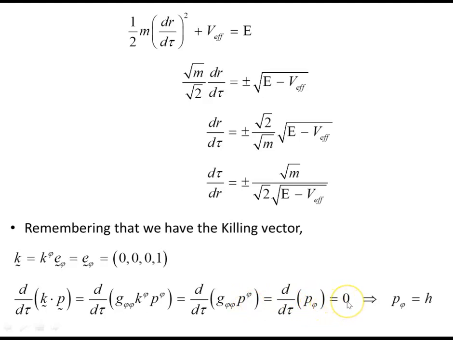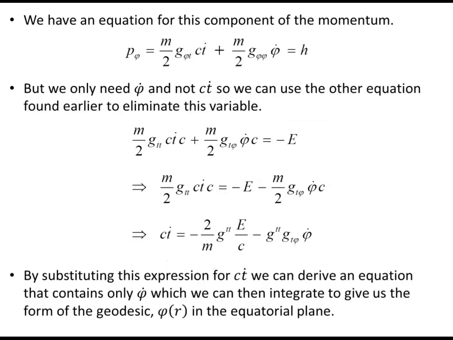And we know this is 0 because it's a conserved quantity. So the four-momentum in this direction is conserved, which means that the first integral of this gives us p phi is h. Now p phi equals h is a quantity we found in a previous video, in videos 1 and 2 of this series. So we have an equation to describe that, and that equation is this.